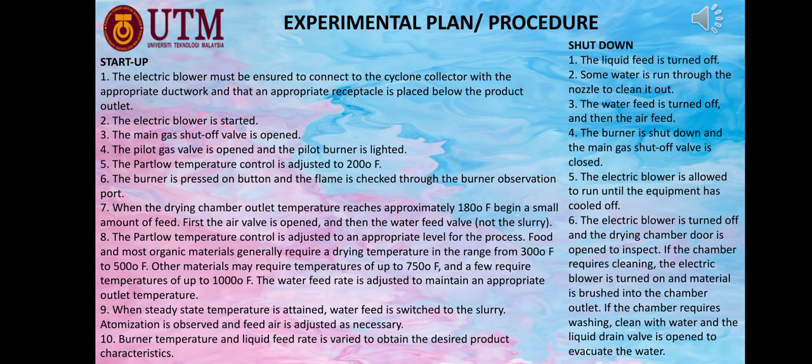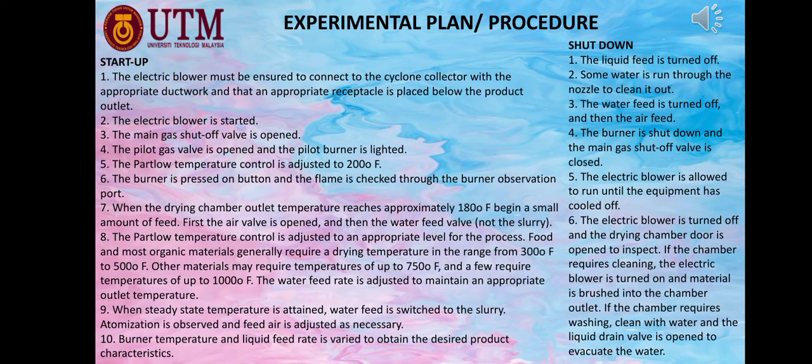In continuation, we have the experimental procedure, which ascertains both the experimental startup and the shutdown procedures. For the experimental startup, we have the procedures as follows. We ensure first that the electric blower should be connected to the cyclone collector with an appropriate duct, and that an appropriate receptacle is placed below the product outlet.